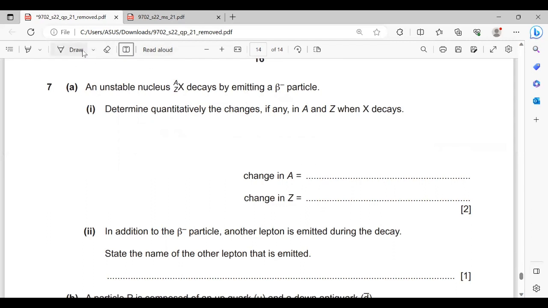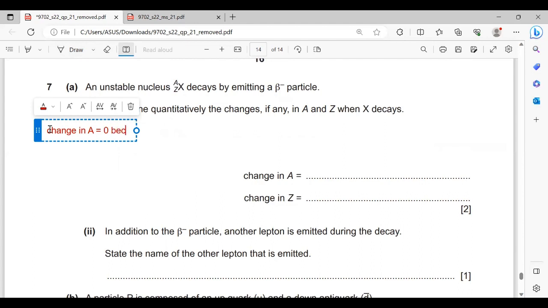Change in A equals 0, because the number of nucleons equals 0.